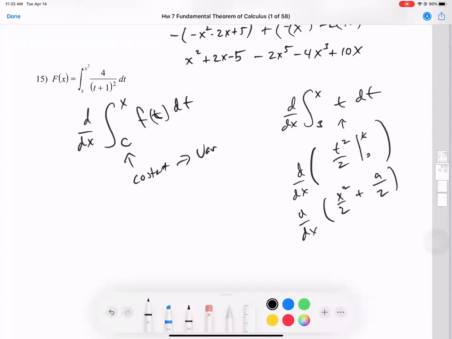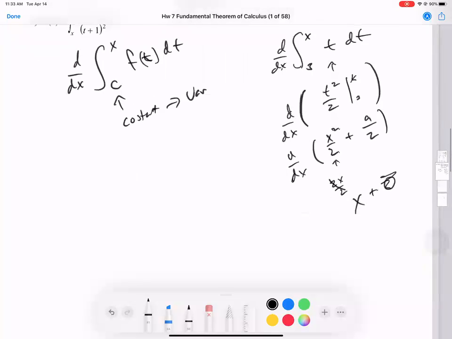Cool with that? Now, if I take the derivative of this guy, the derivative is to bring down the exponent. 2x over 2, which is just x. We're back to our original problem, plus 0, so we don't have to write it.